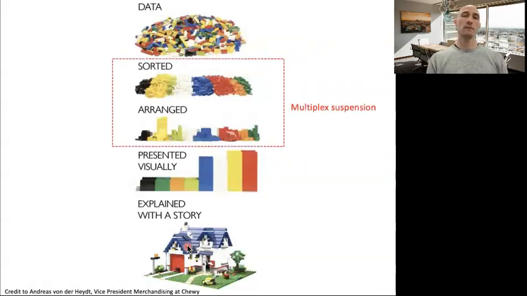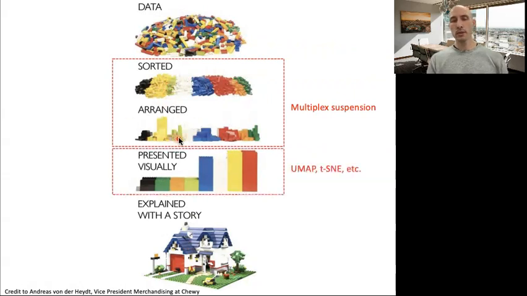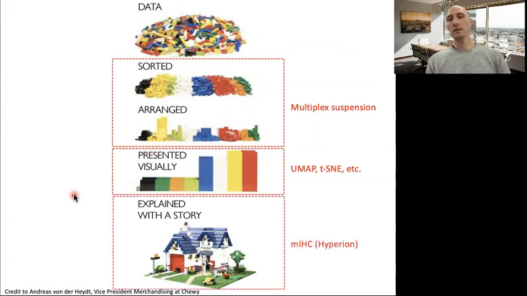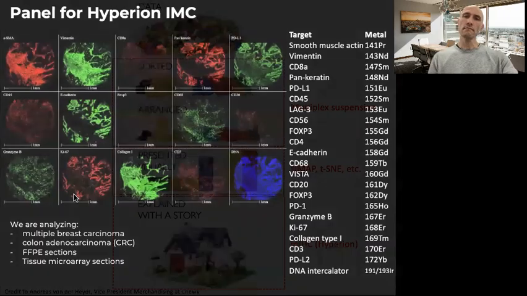Normally multiplex suspension allows you to go until the data range. Then there are very good and very well-known algorithms like UMAP or t-SNE, which allow you to present the data, as I mentioned, in a visually understandable manner. And this is what Hyperion IMC allows you to do, to go one step forward and put all of this in context.